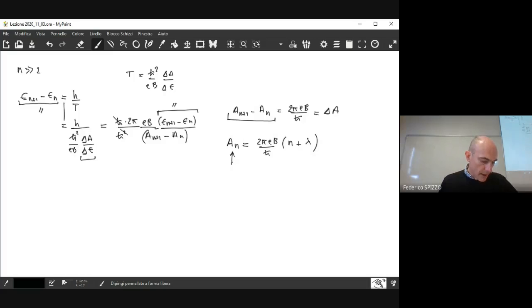So due to that, in place of writing a general A of n, I write A of EF. So what we need to consider is the area that corresponds to the Fermi surface. So we will have that this is equal to pi EB divided by h bar, the index corresponding to that intersection, plus lambda.